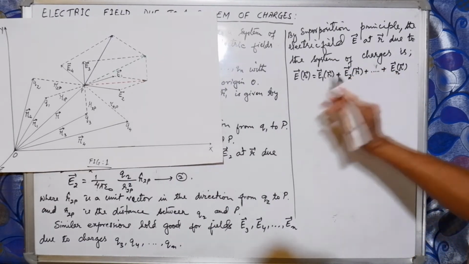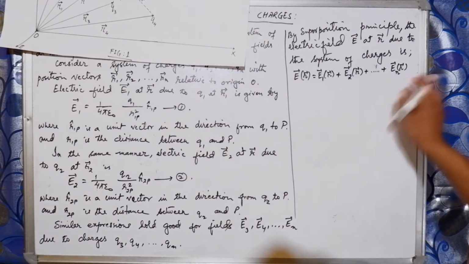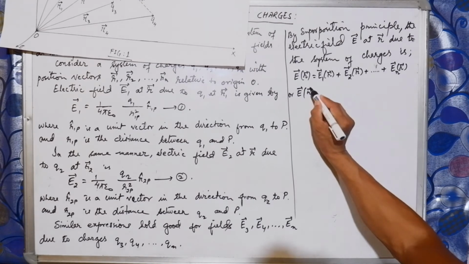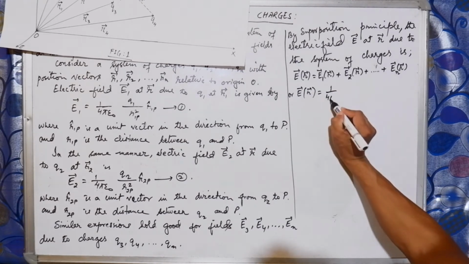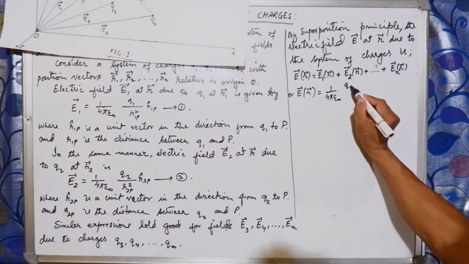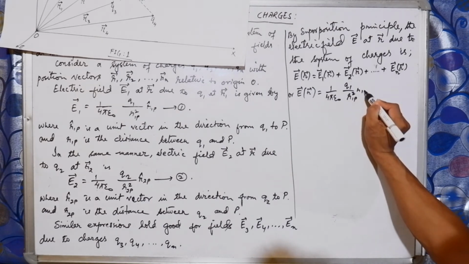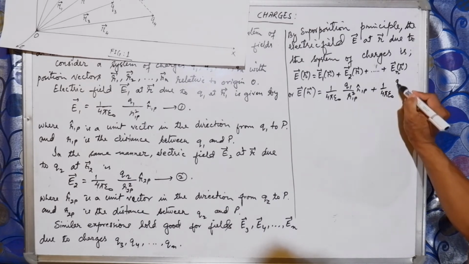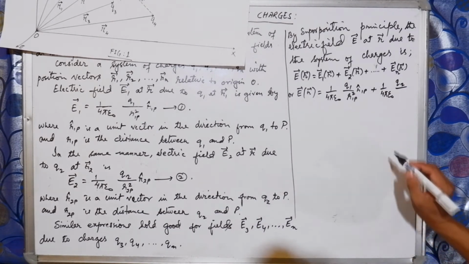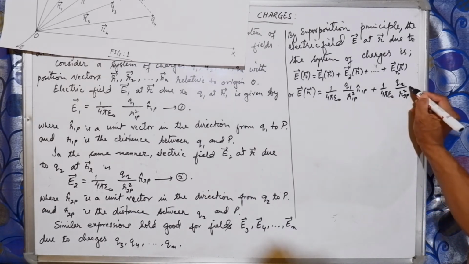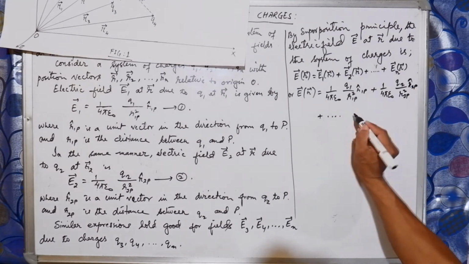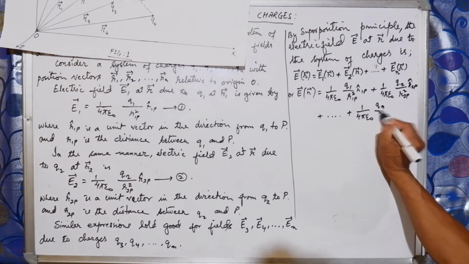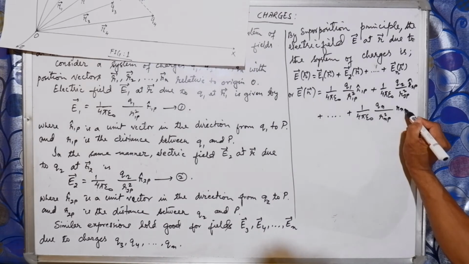Now if we substitute the value of E1 from equation 1, E2 from equation 2, and so on up to En, then E at R will be equal to 1 by 4 pi epsilon naught Q1 by R1P square R1P cap, plus 1 by 4 pi epsilon naught Q2 by R2P square R2P cap, plus the last term, 1 by 4 pi epsilon naught Qn by RnP square RnP cap.